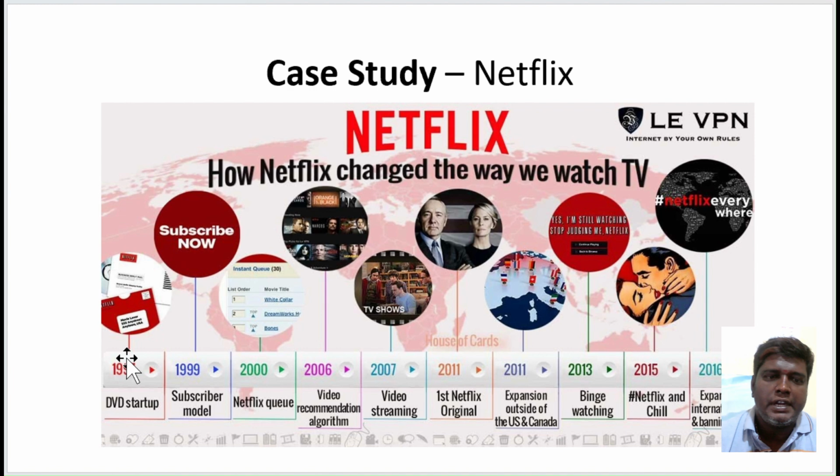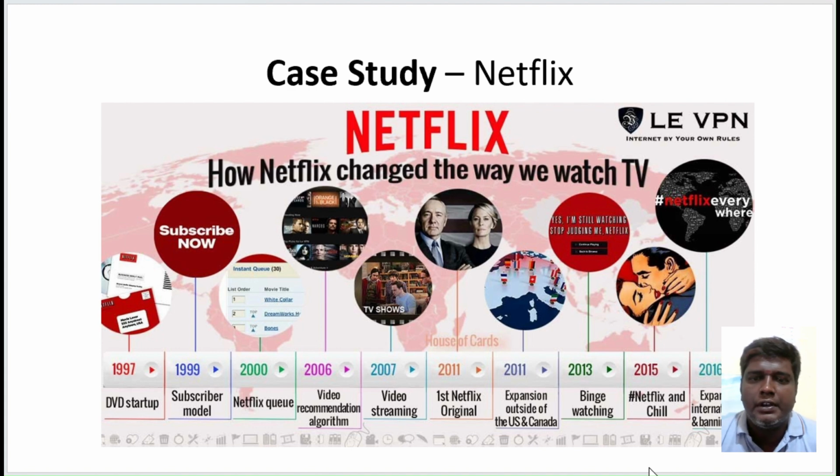They started in 1997 as a DVD startup, and they transformed into a subscription model. Then they created the Netflix queue and video recommendation algorithms, started streaming videos in 2007, and in 2011 came Netflix Originals. They expanded the service outside the US and Canada, and in 2015 and 16 they were expanding internationally all over the world.